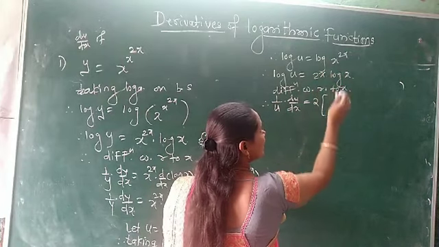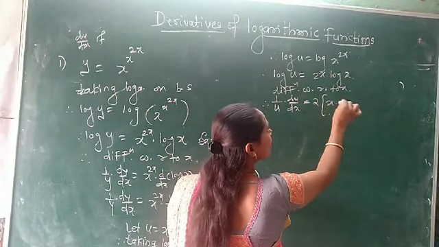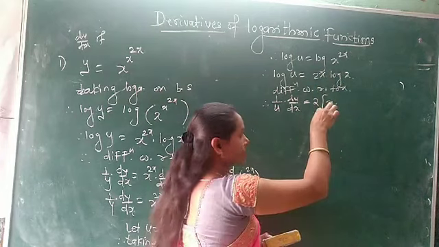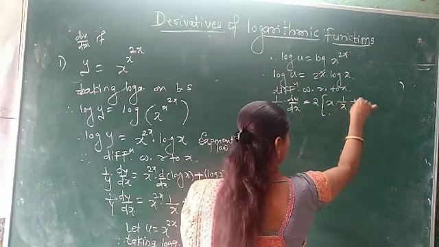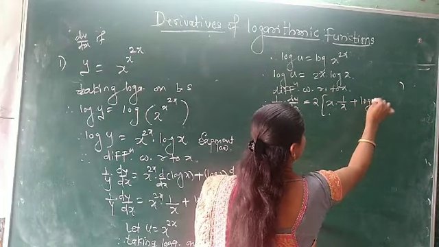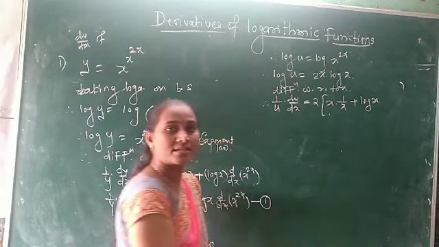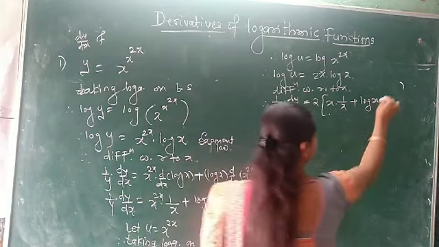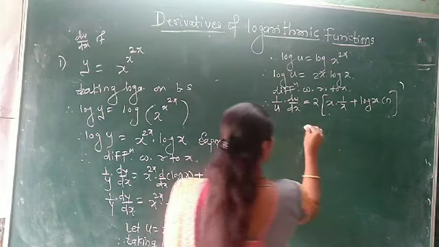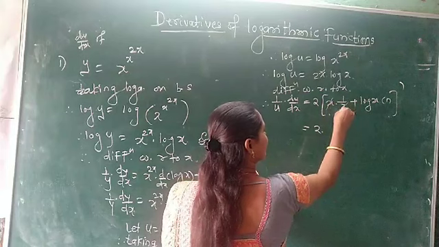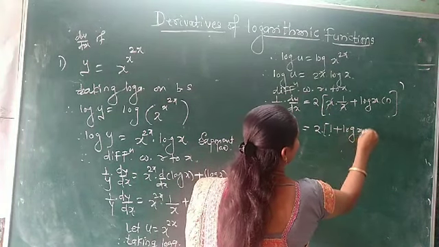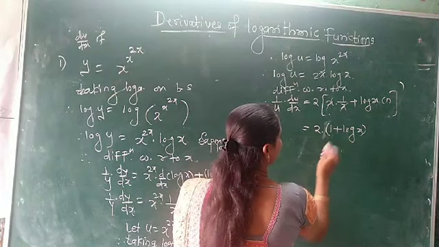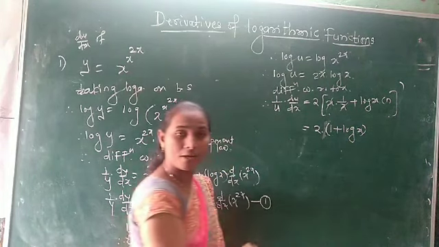So what is the derivative of x log x? So first we use the product rule. First keep the first function into the derivative of the second, that is the derivative of log x is 1 upon x, plus now this log x as it is into the derivative of x, which is 1. So this x will get cancelled, and in the bracket we get 2 into 1 plus log x.